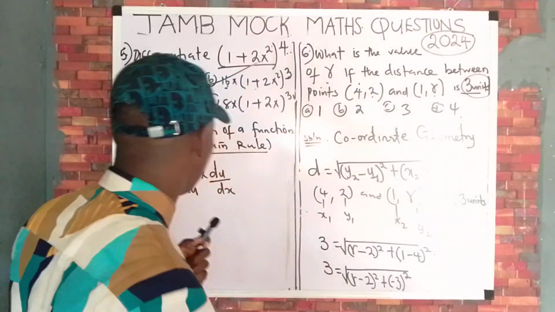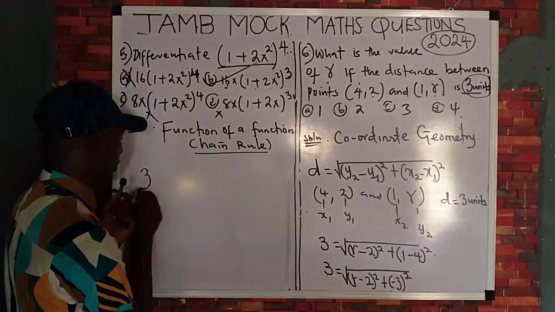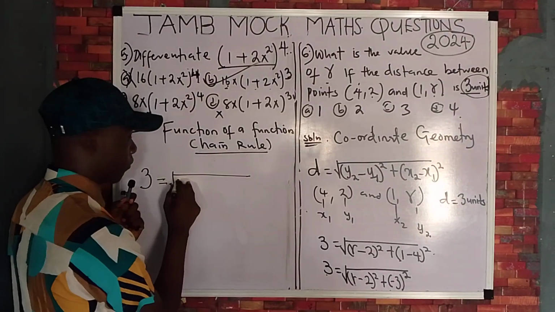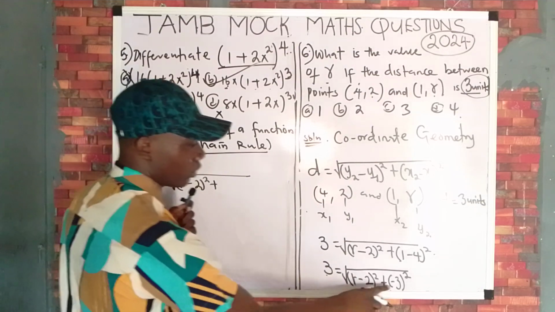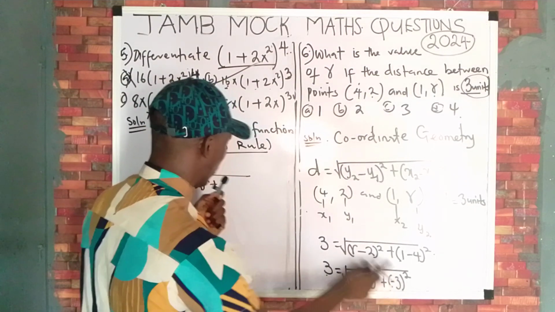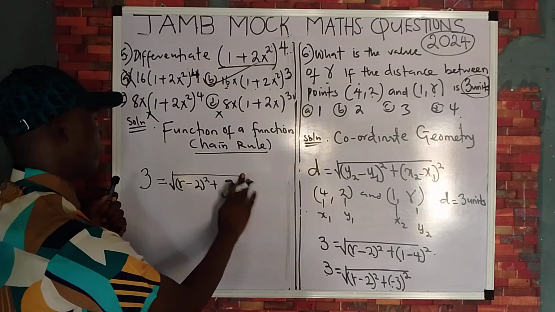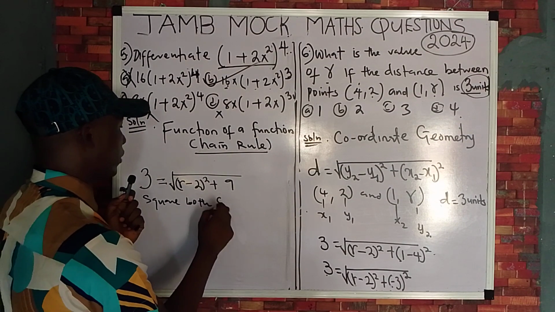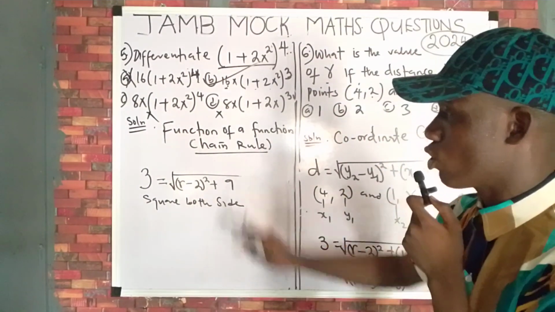Let's create a space for this question to solve it here. So what we have here is 3 equals the square root of (r minus 2) all squared plus the square of minus 3, which is 9. So what do we do now? I think we have to square both sides, because of the square root here.